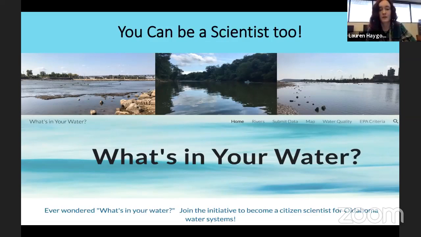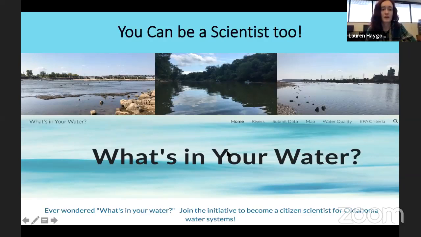And right now we focus a lot on the Arkansas River, which is pictured here and here, and then have done a little bit with the Kiamichi River, and we've also done some creeks as well. So we've done Crow Creek, Bird Creek, and Coal Creek in Oklahoma as well, and a little bit on the Illinois River.